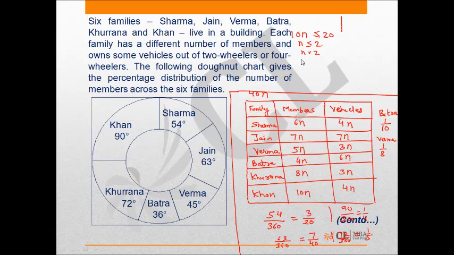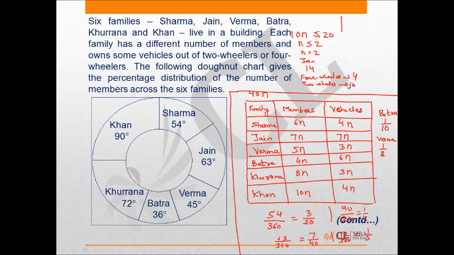But let's say when you put n as 2, the total number of vehicles for the Jan family, if I calculate, would become 14. And the data says that the number of four-wheelers with the Jan family is 4, which means the two-wheelers would be 10 in number.